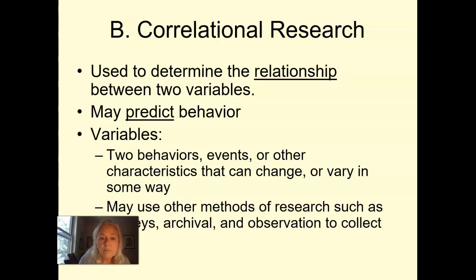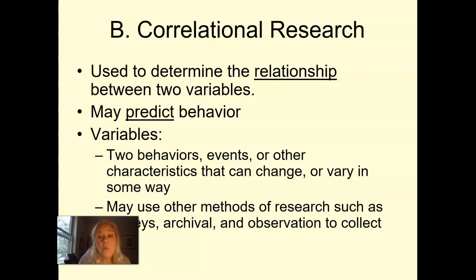So when we're collecting data, we can use other methods of research such as surveys, archival research, and observation to collect the data. So if we wanted to see if there was a relationship between, and I'll talk about this later, the hours of social media use and self-esteem, we might be able to actually look on a computer or an iPhone and figure out exactly how much social media someone is using per week, and then we can give them a survey of some kind to look at their self-esteem.